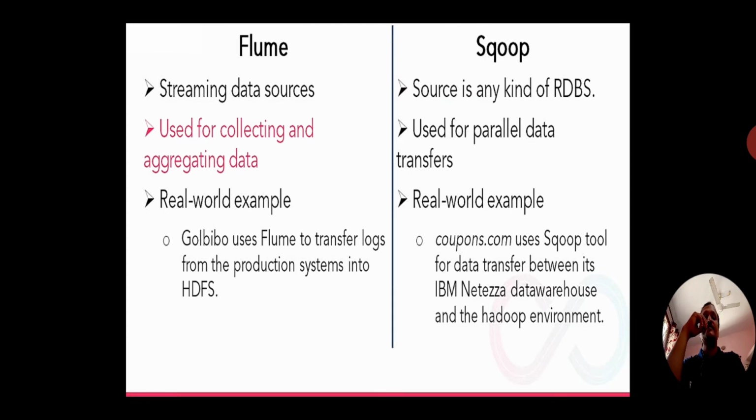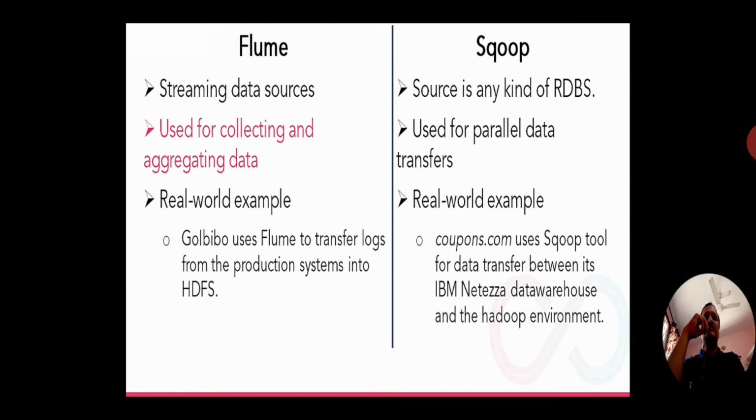Whereas Sqoop collects the data from the different RDBMS of the organizations and transfers it in parallel for analysis. So both are used for solving real-world problems. Goibibo uses Flume to transfer logs from the production systems into HDFS.